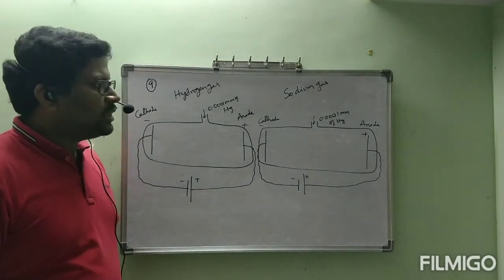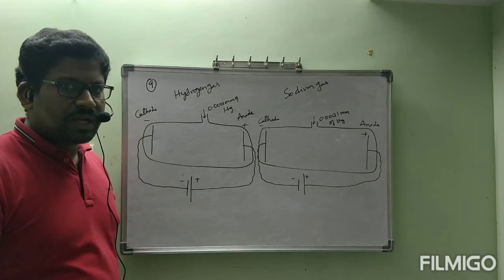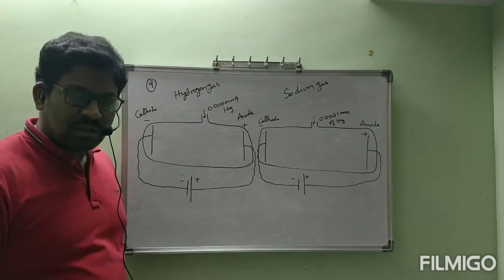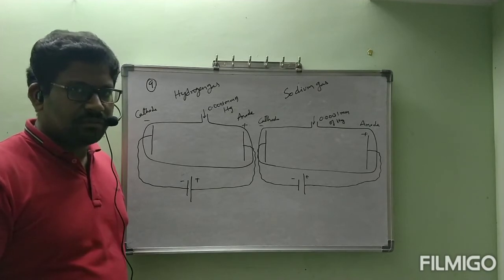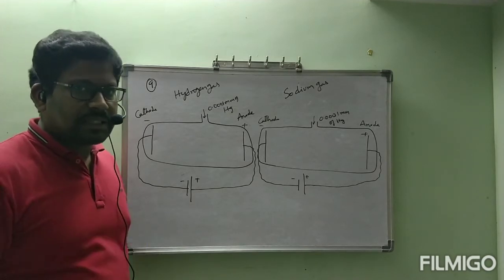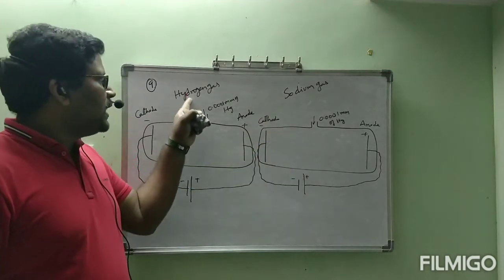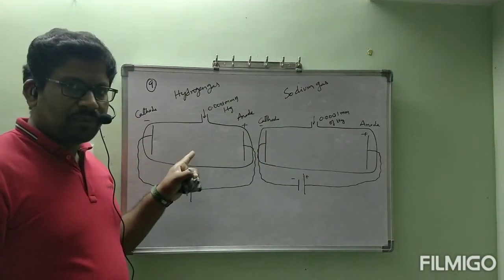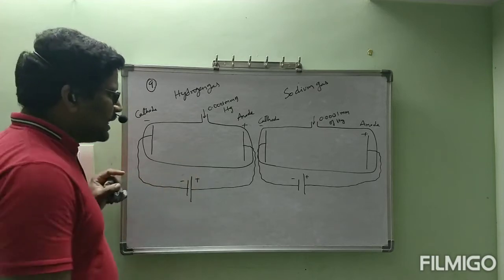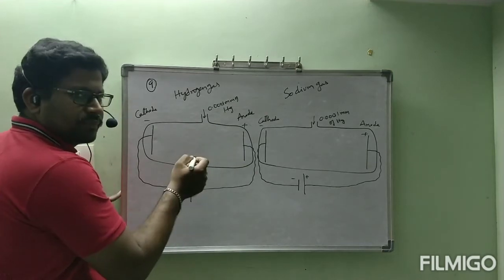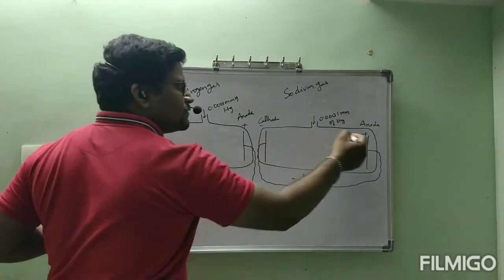You can ask me immediately, sodium is a solid, sir, how can we take it as gas? No problem. If you heat it, first it will be converted to liquid. Again, if you heat it to its boiling point, it will be converted to gas. The sodium gas we are going to take here and hydrogen gas here. Now, so many atoms of hydrogen are present here. Here also, so many atoms of sodium are present.